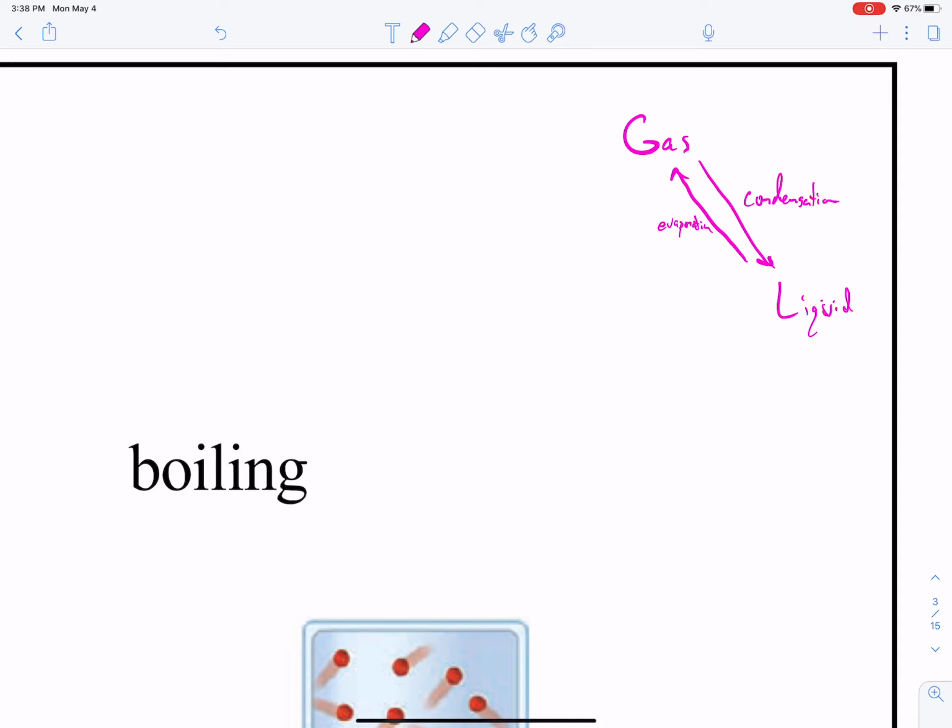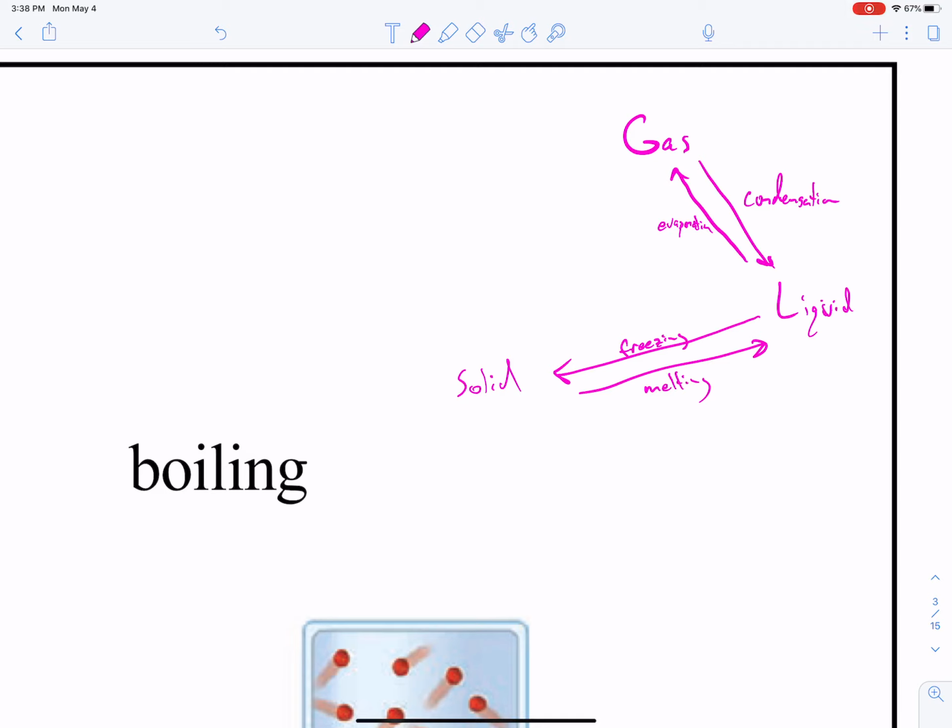Now, I can also take a liquid and turn it into a solid. As I do that, that is called freezing. And when a solid becomes a liquid, that is melting.